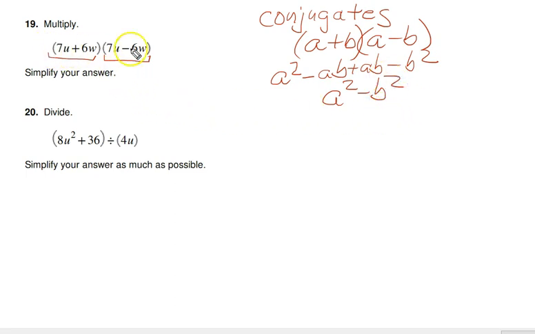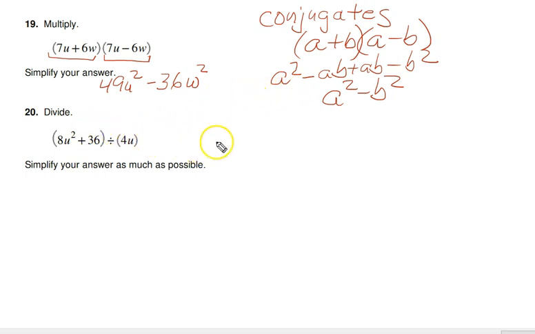So here, if you recognize that these are conjugates, this is going to be 49u squared minus 36w squared. That is the difference of perfect squares.